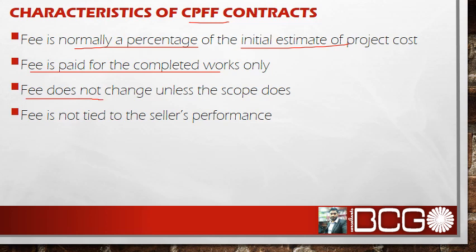And the fee doesn't change unless the scope changes. And the last and important one regarding these types of contracts is that the fee is not tied to the seller's performance. Either the seller is performing well or not, the fee will not change at all.